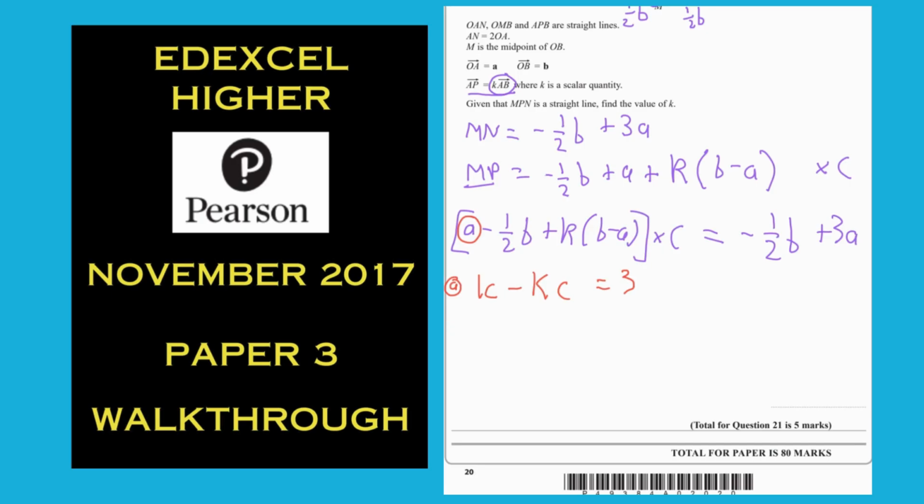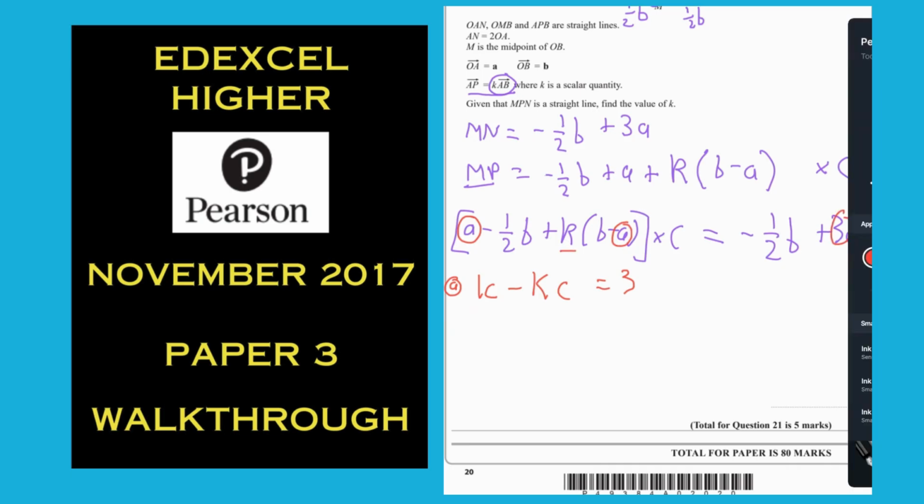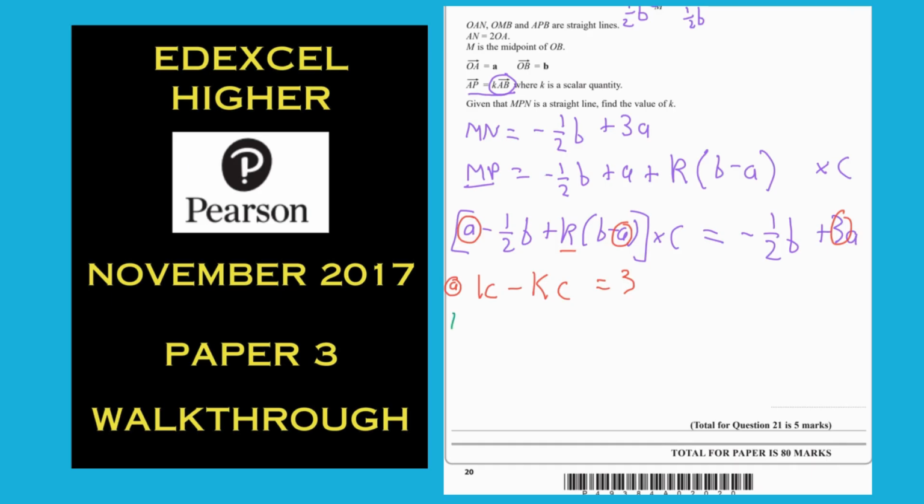Now let's look at the B's. Same principle. Let's get a green involved. So let's just look at the B's. What is next to B on this left-hand side?